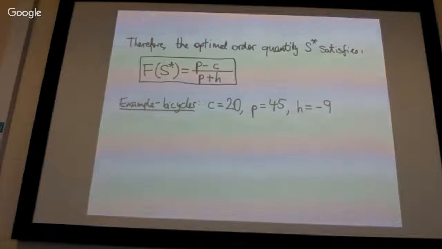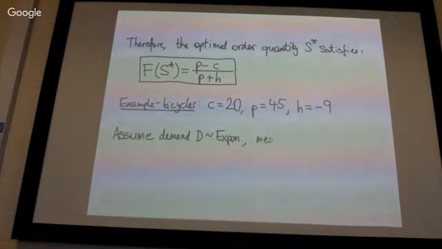And what about the demand? Did it say anything about the demand? Okay, so not a lot. So assume that the demand, to stick to what the book says, has exponential distribution, and the mean demand is 10,000.